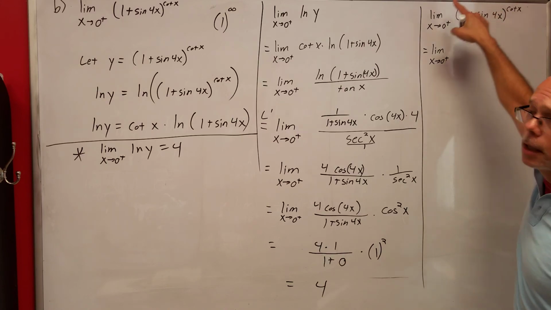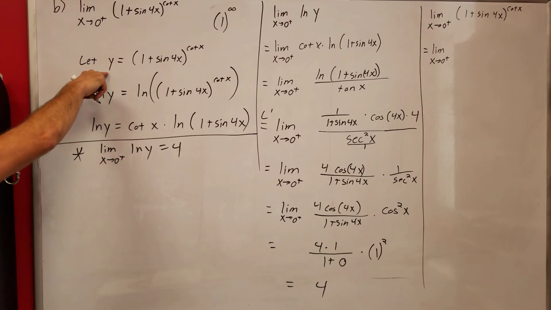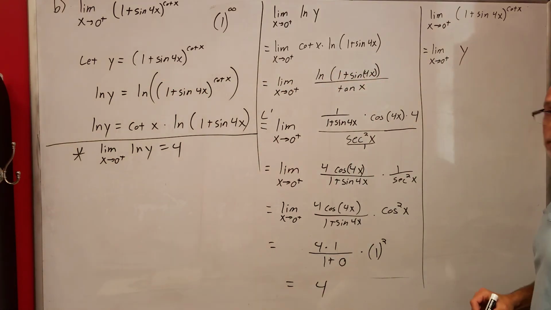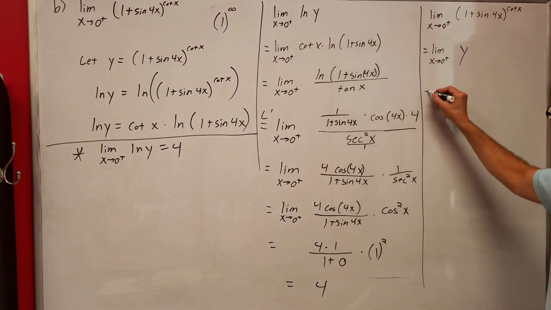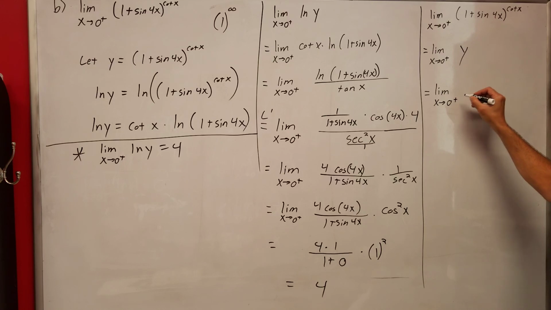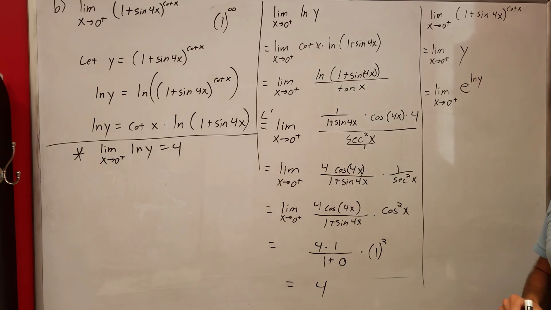What is all this stuff? We said let's let all that stuff equal to what? Y. So I could call all this stuff y. And this is the limit as x approaches 0 from the right. But y, a more creative way to write it is e to the natural log of y, right?